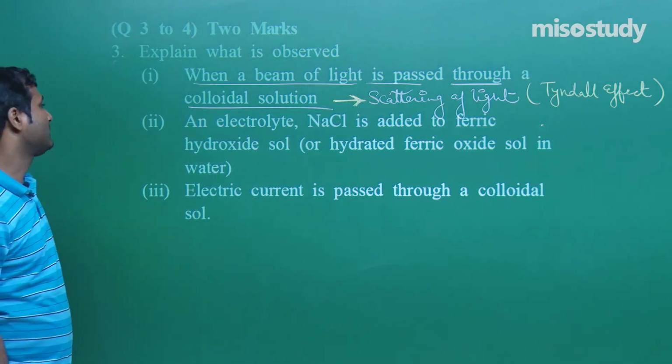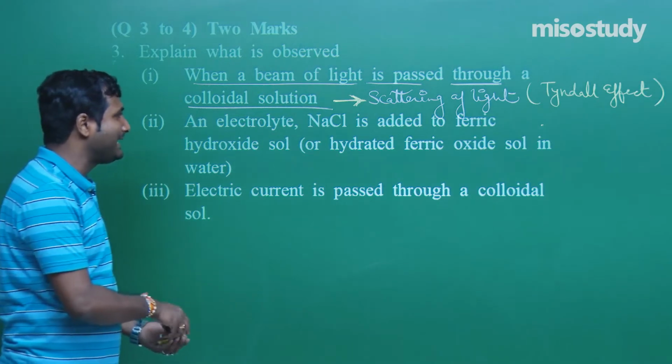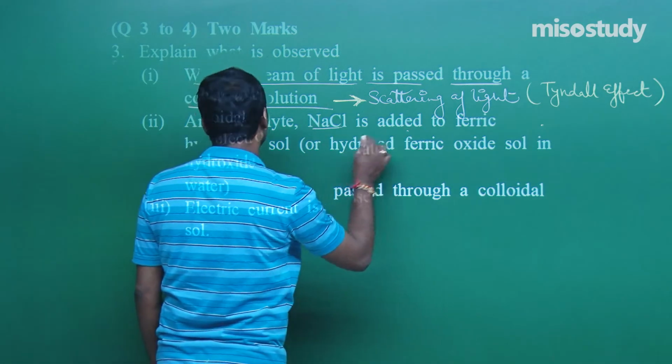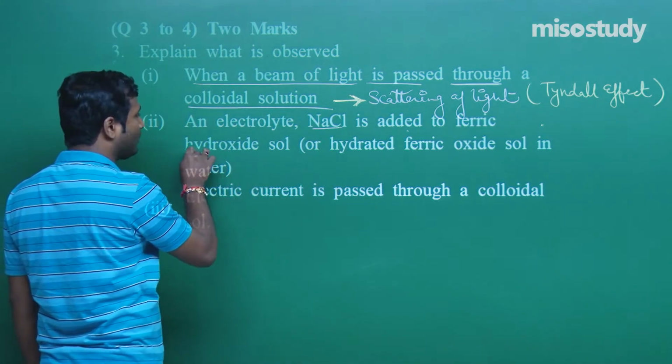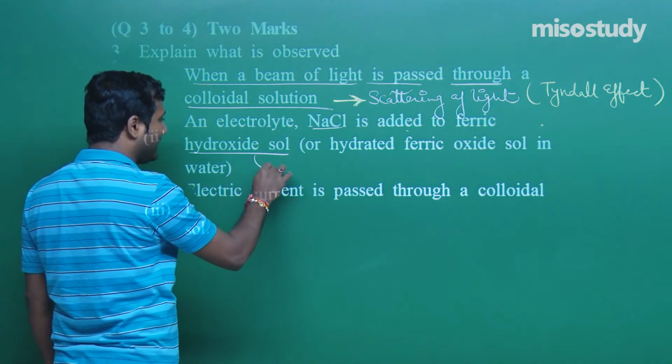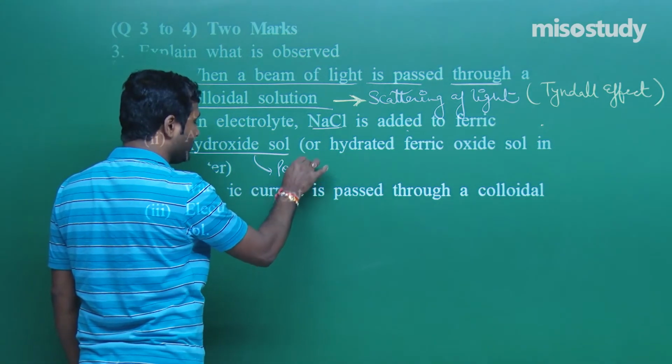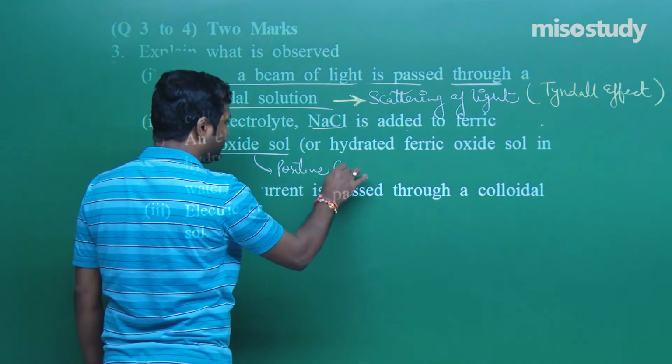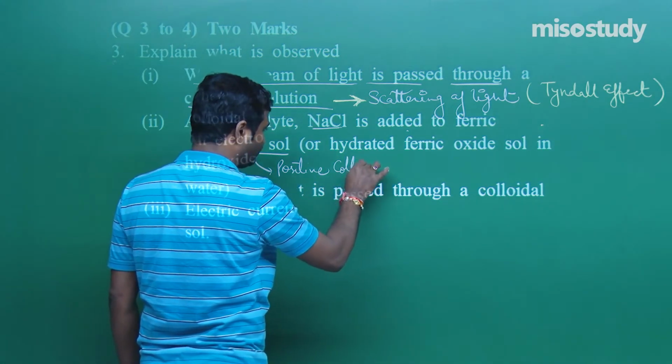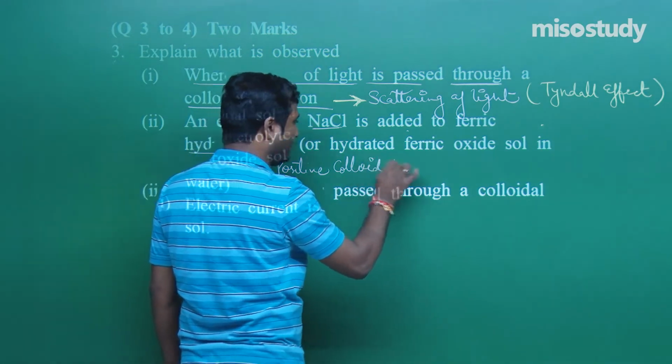Clear to you? Now second, an electrolyte NaCl is added to ferric hydroxide solution. Ferric hydroxide solution is, we know, a positive colloidal sol. Definitely.